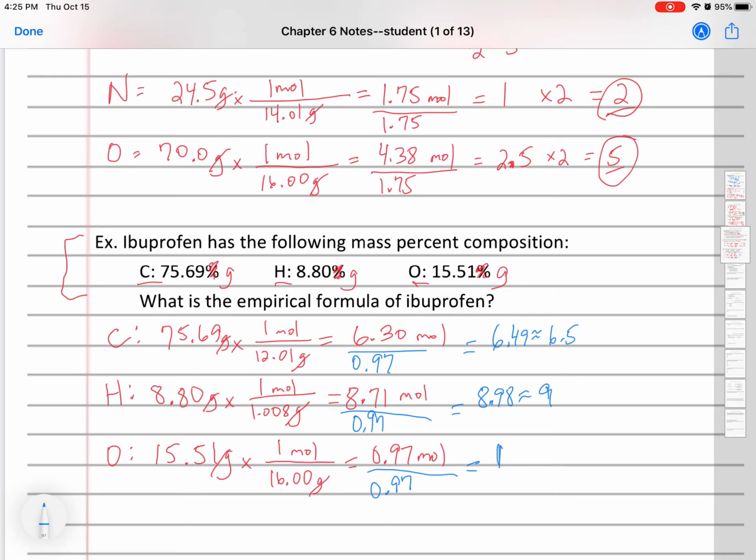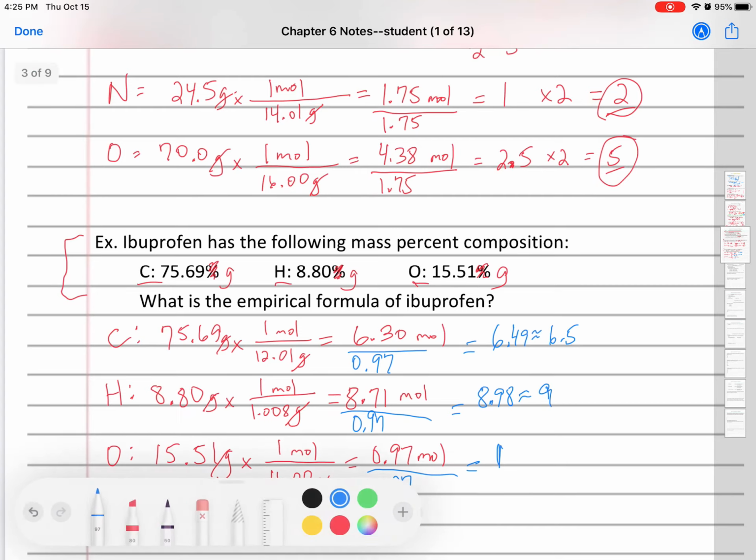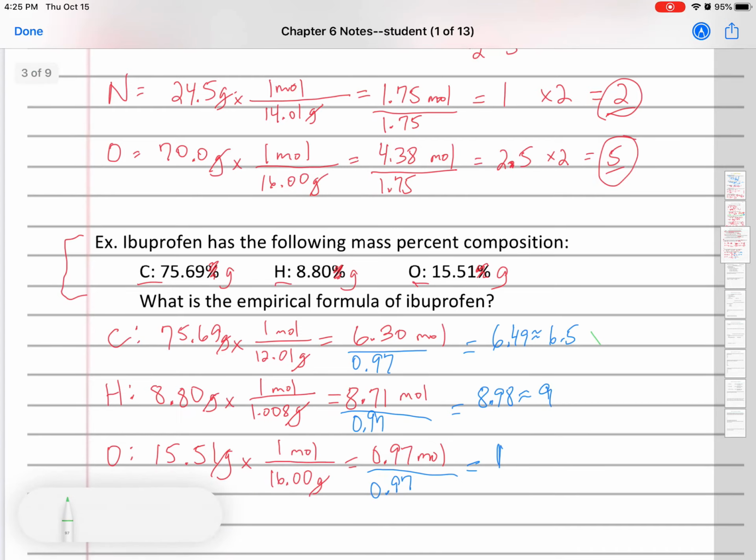All right, these are not whole number ratios because of that 6.5 there. So in order to get them to be whole numbers, I need to multiply them all by 2. So 6.5 times 2 is 13, 9 times 2 is 18, and 1 times 2 is 2.